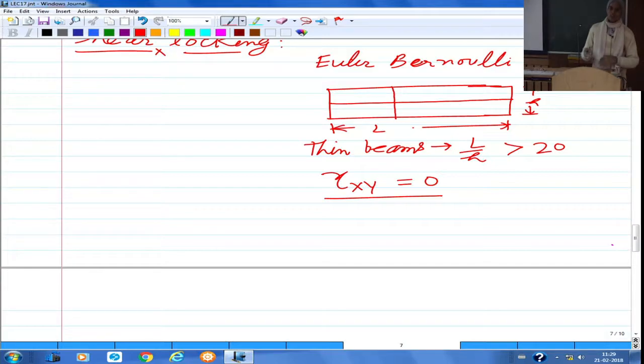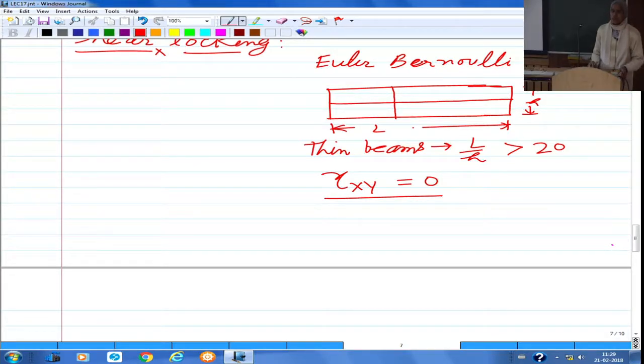So now let us see what happens if we use a Timošenko beam element for simulating thin beam problems. There is no problem if you use the Timošenko beam finite element for thin beams, and for thick beams, that is where L by H is less than 20, there is also no problem.